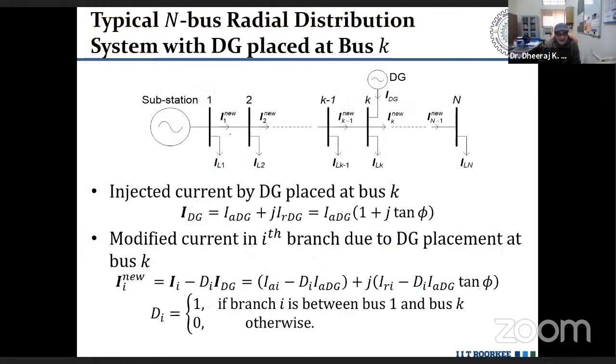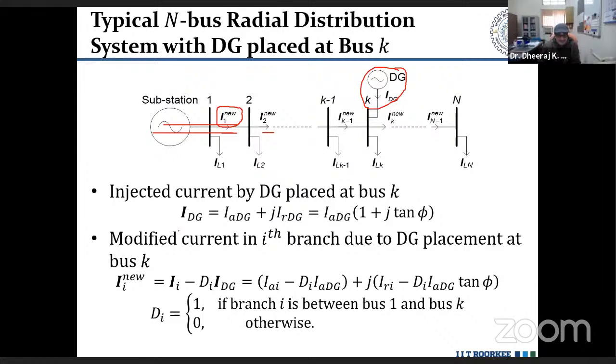Now consider one more case, where we have placed a DG at bus number K. Because of the placement of DG at bus K, the branch currents will change. We designate them as I_i new, the new or modified branch currents.